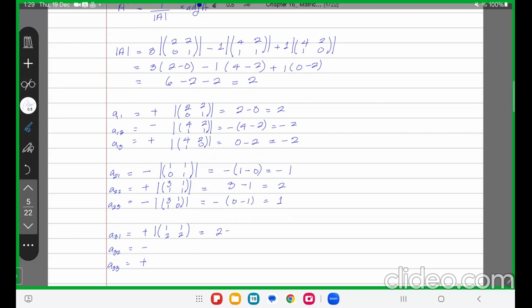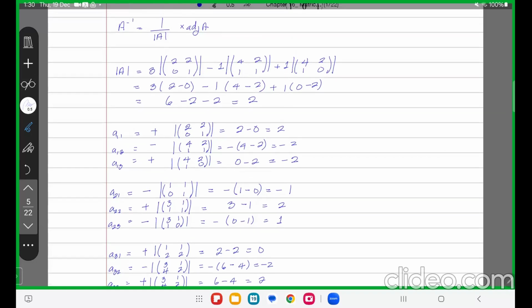This is 2 minus 2. We have 0. 3, 4, 1, 2. Minus 6 minus 4 minus 2. And lastly, 3, 4, 1, 2. This is 6 minus 4. This is 2.